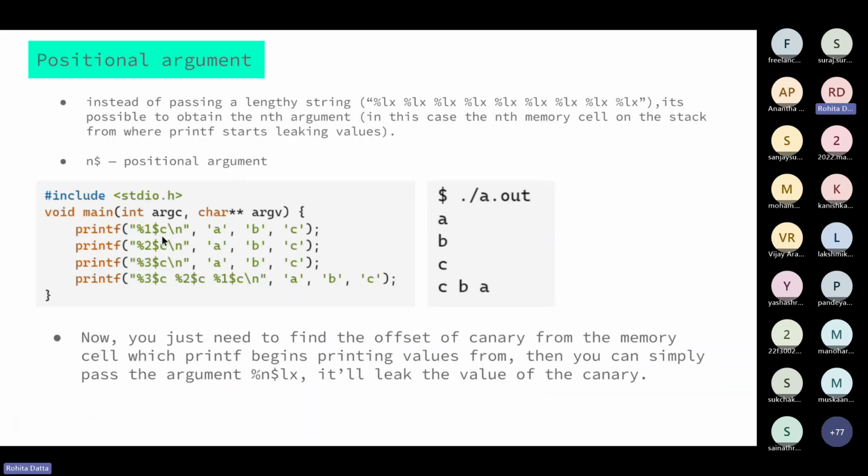So in printf, normally if I give it the %c format specifier, it'll just print the very first argument. But if I want to select the first, second, or third, and print specifically those arguments, then I would add the $. So this basically tells printf which argument to print.